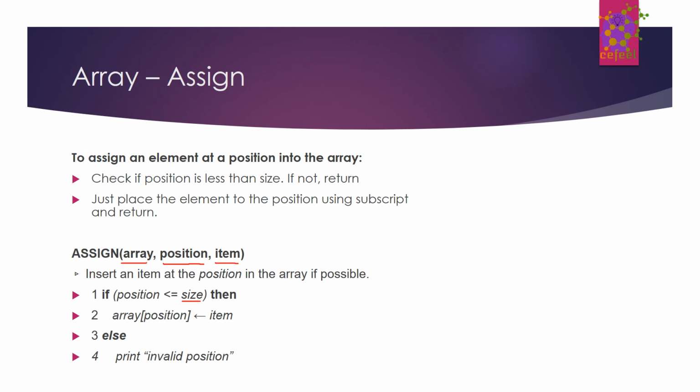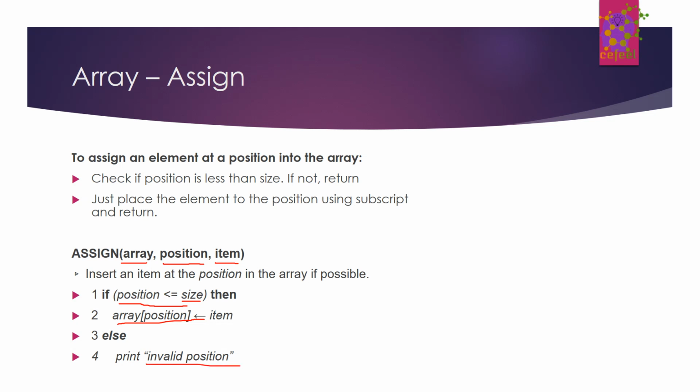So what we essentially do is see if the position being entered is less than size, which means it's a valid position. Then we assign the item to the array at that index position, and we are done. And if the position is invalid, which means it's greater than size, then we just print invalid position.